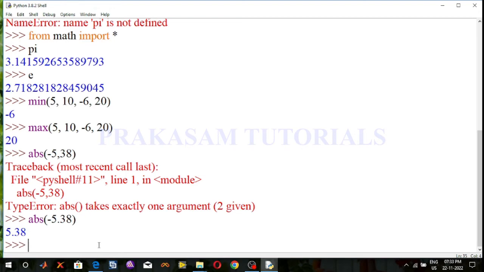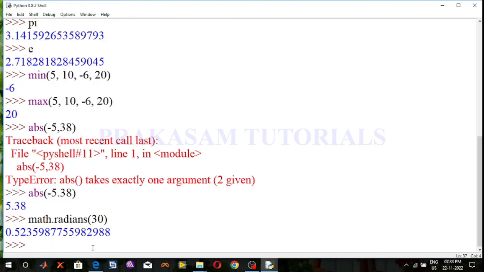The math module contains functions for calculating various trigonometric ratios for a given angle. The trigonometric functions are sine, cos, tan, etc., and they need the angle in radians as an argument. For example, math.radians of 30, and its value will be displayed on the Python console.